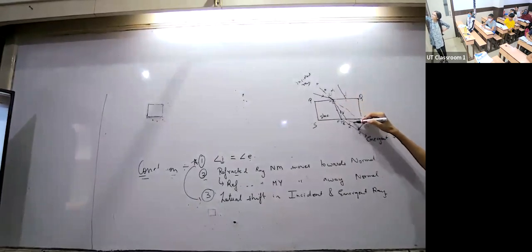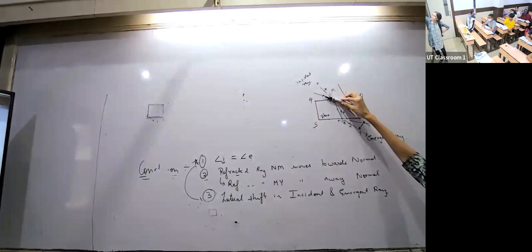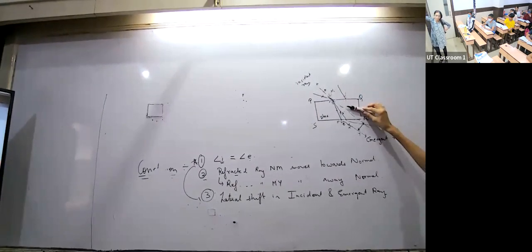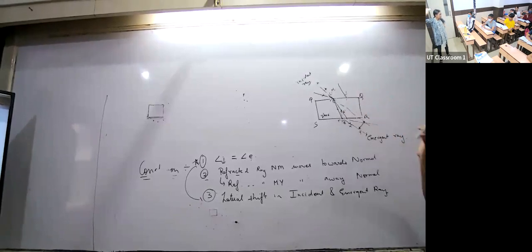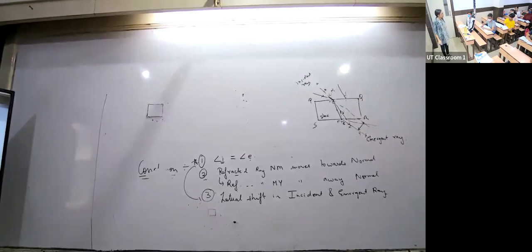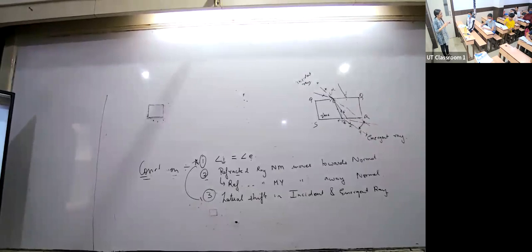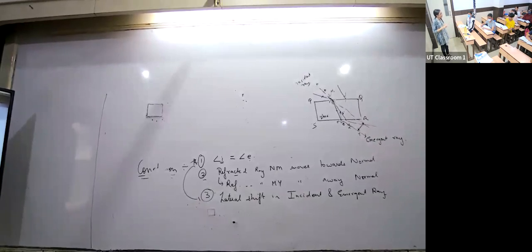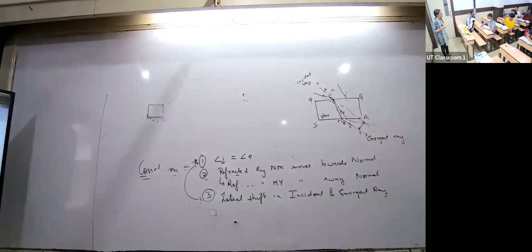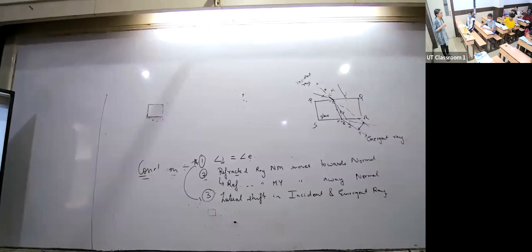And then my parallel ray would be like this. So between the incident ray and the parallel ray, there will be some shift. I'm trying to say that the higher the angle of incidence is, the lower is the shift. If it's 90 degrees, then there's no shift. If it's 70 degrees, it's a bit more. So the lower the angle, the higher the shift.